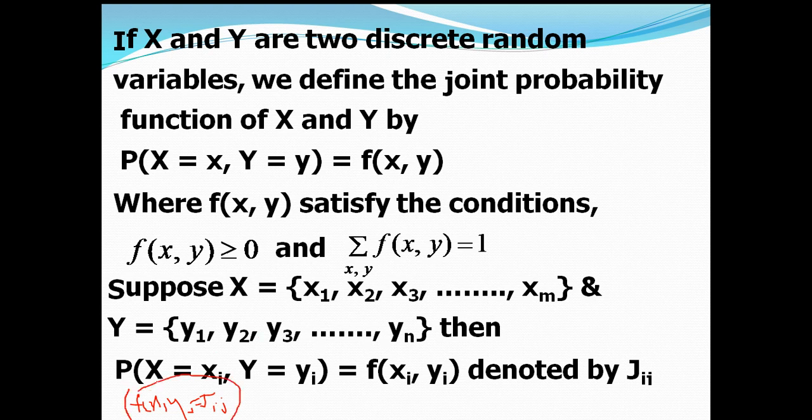This is called the joint probability distribution of X and Y.